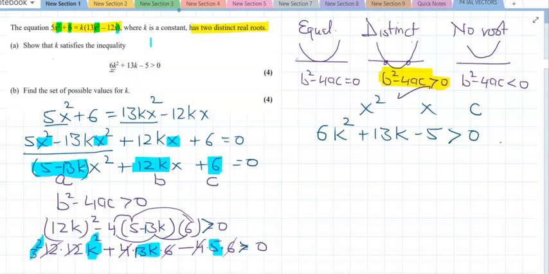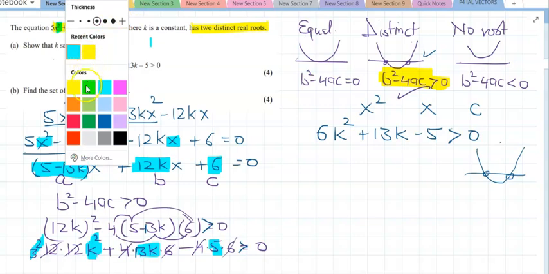Now find the possible values. This is again a quadratic equation. It is greater than 0 like this. So this one is also having 2 distinct roots. So again we are going to solve this one in the same way.